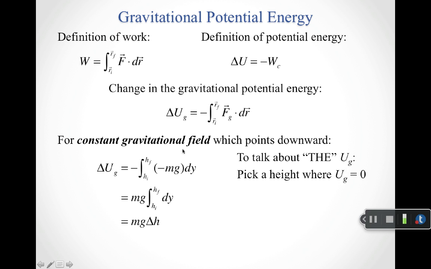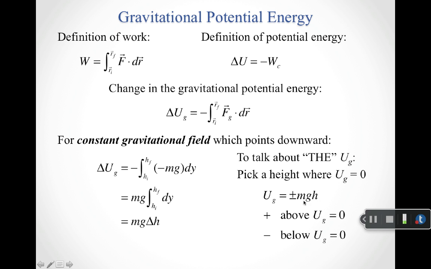If we have a constant gravitational field, one of the things that's nice is that we have the luxury of picking the zero point for the gravitational potential energy to be wherever we would like. And so we can rewrite this equation and talk about the gravitational potential energy of our system as being plus or minus, and we'll come back to that in a second, m times g times h, where now all three of these things are defined to be positive quantities.